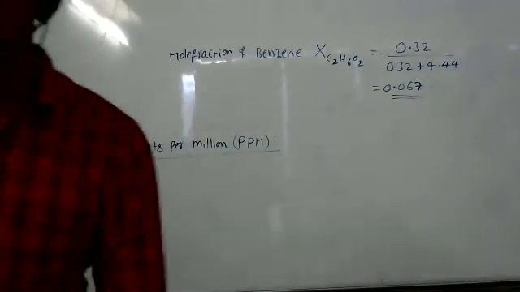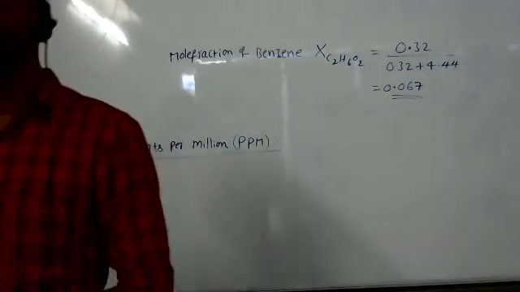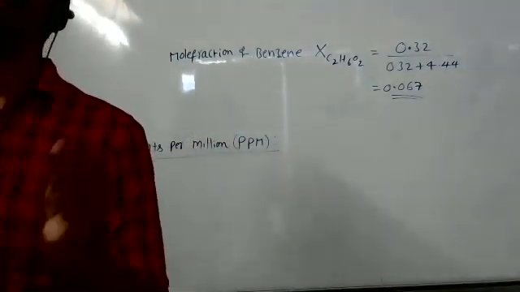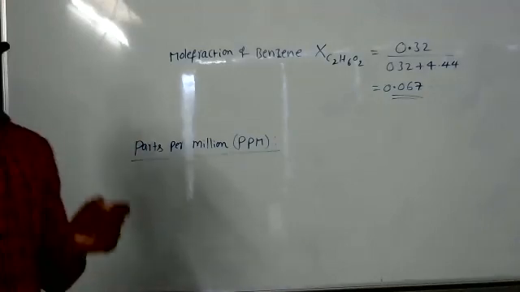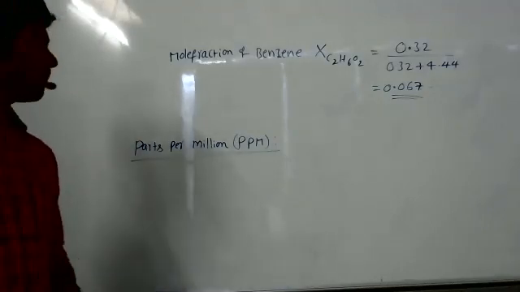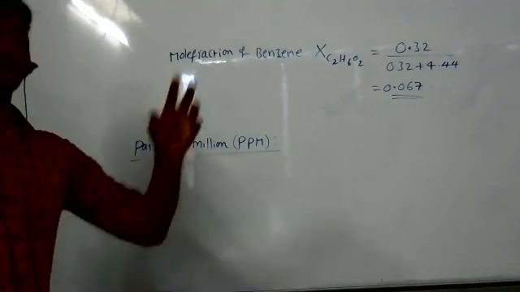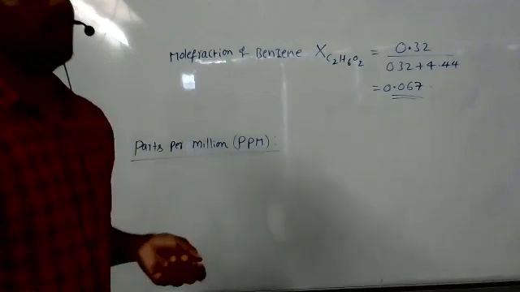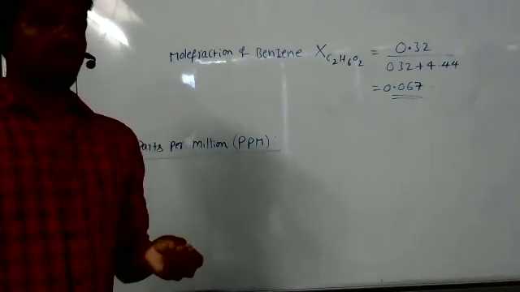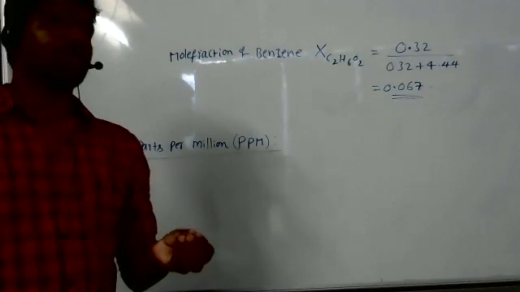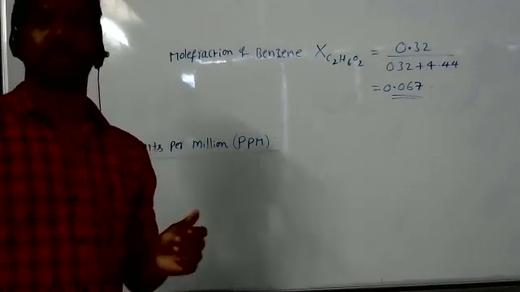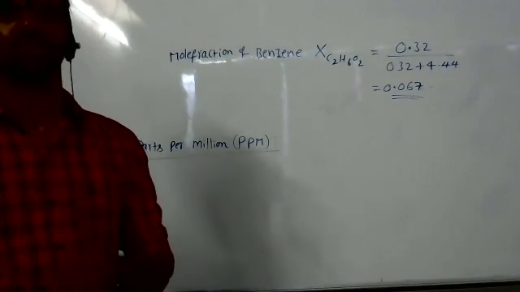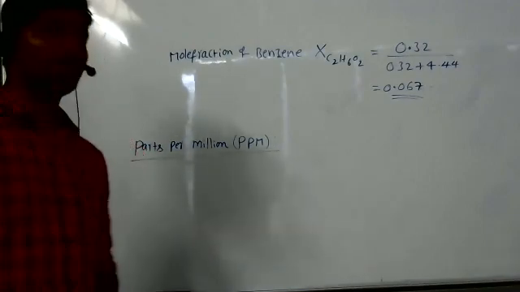We mostly use this concentration term when the solute is present in trace quantity, a very small amount of solute in the solution. Examples are the presence of carbon dioxide or sulfur dioxide in the atmosphere, and impurities like calcium ions and bicarbonate ions present in water. This trace of solute present in a solution, we calculate in terms of parts per million.